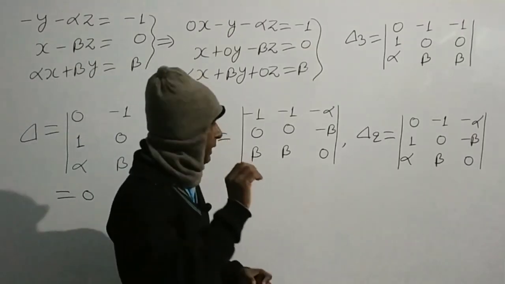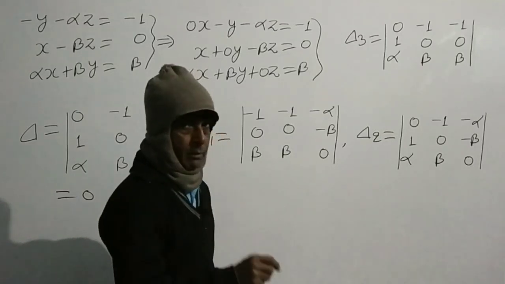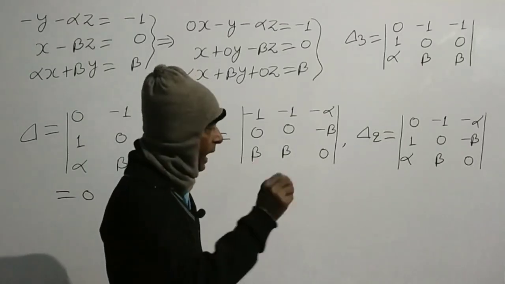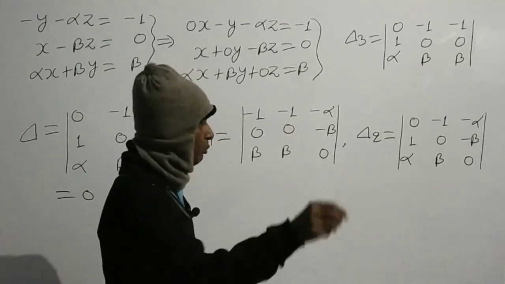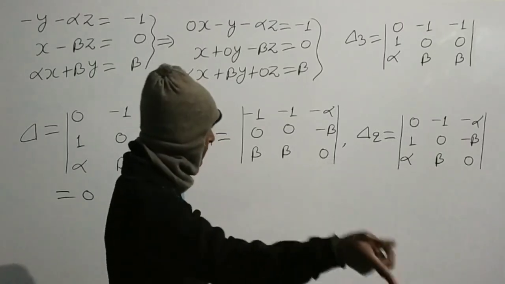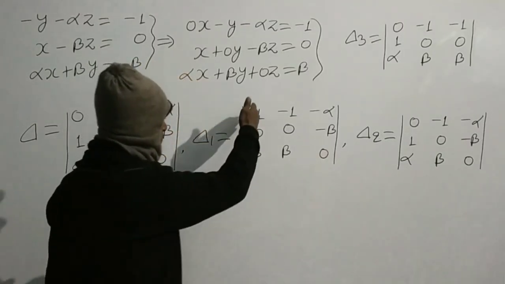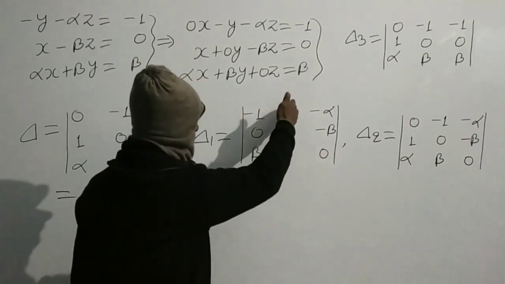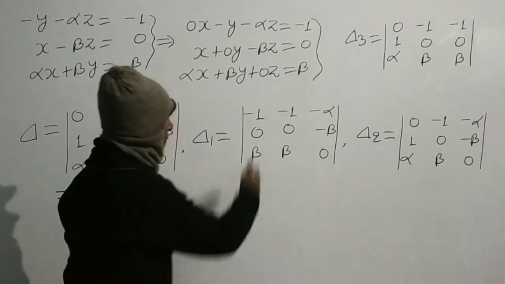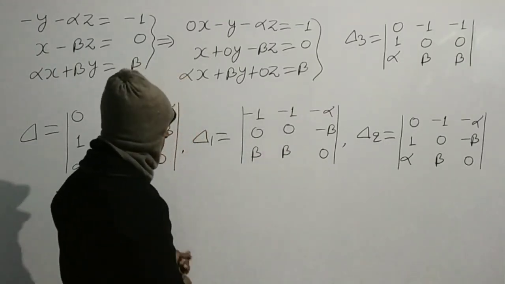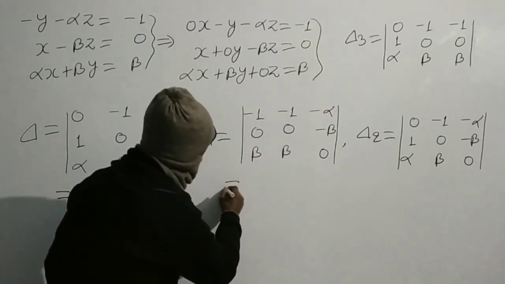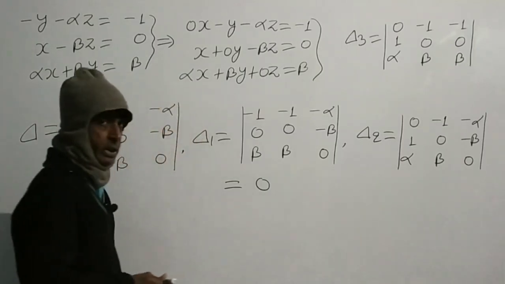If any two columns in a determinant are identical, then the value of that determinant is equal to 0. Since the first column and second column are identical, the value of this determinant will be equal to 0.